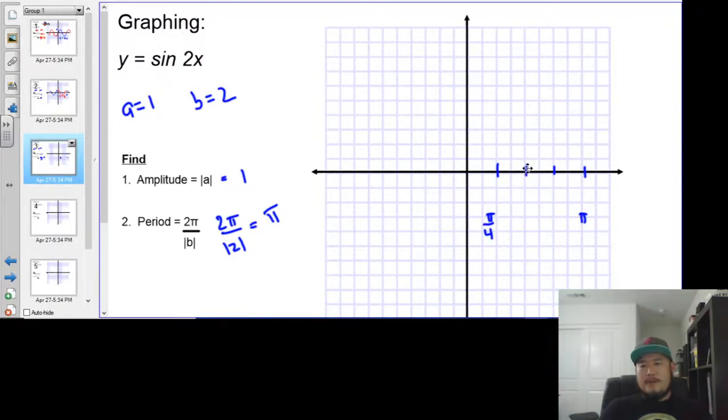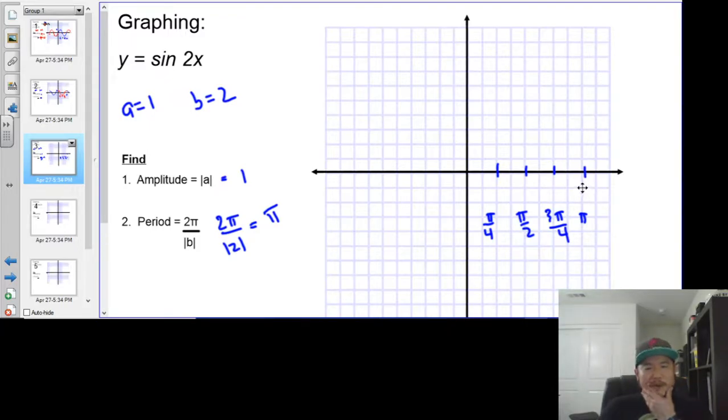This is the 1/2 mark. So 1/2 of pi, there we have pi over 2. And then this one right here is 3/4 of pi, so 3 pi over 4. And now we have the intervals split up and separated.